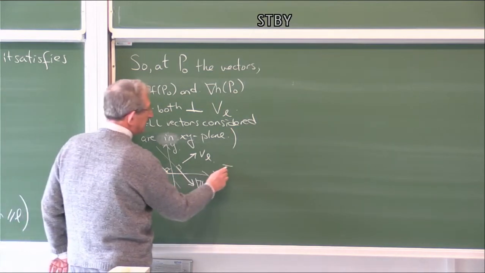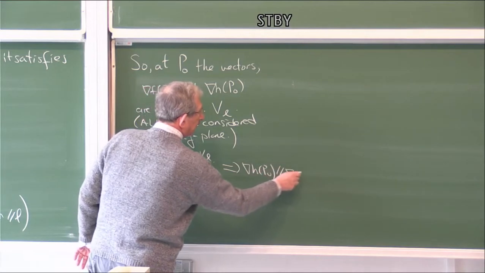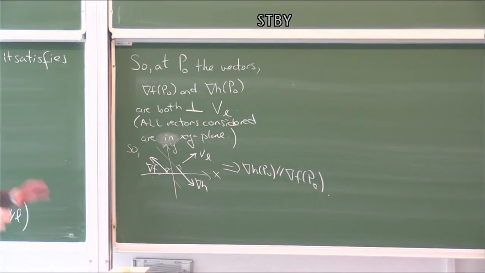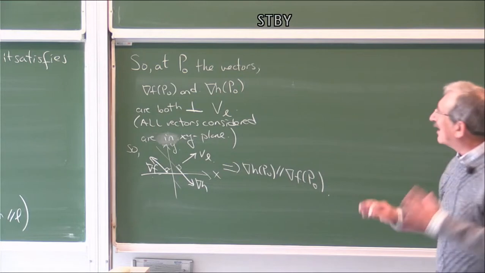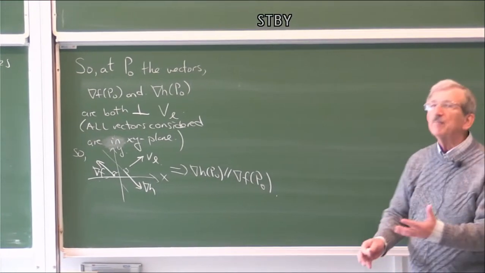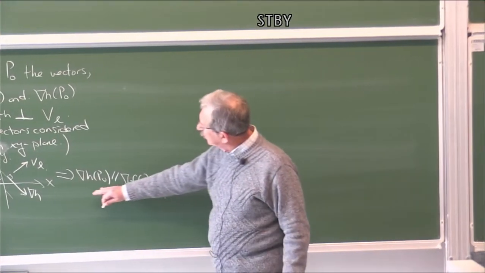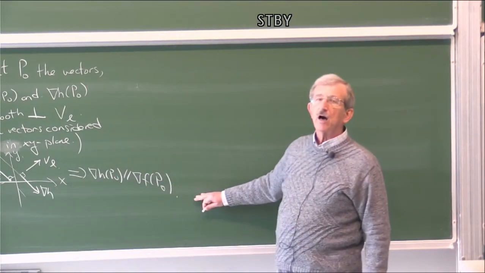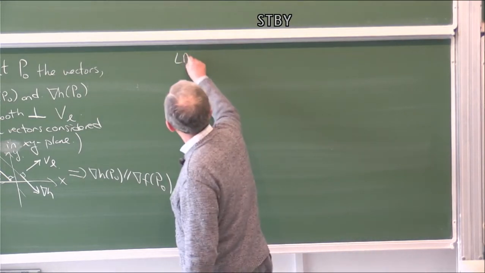This implies that gradient h is parallel to gradient f at p0. Now this happens if you have a critical point. This was Lagrange's observation. So what is the method? To find all such critical points, we have to look for points p0 where these two vectors are parallel to each other. So, Lagrange's method.